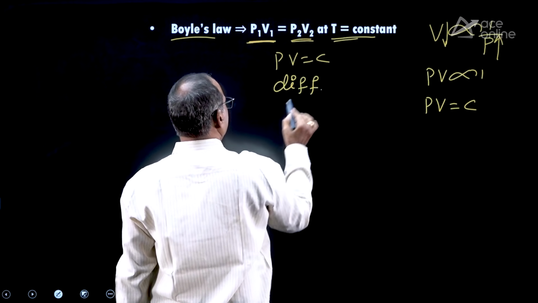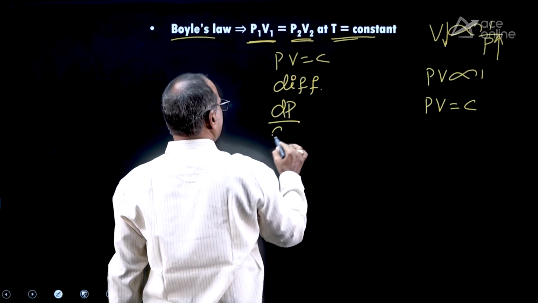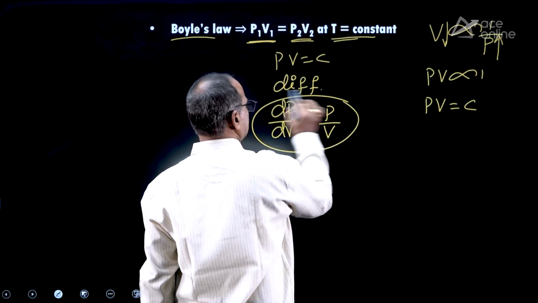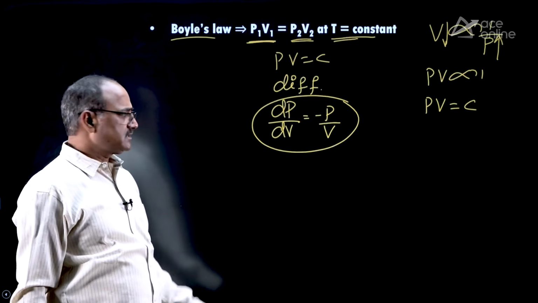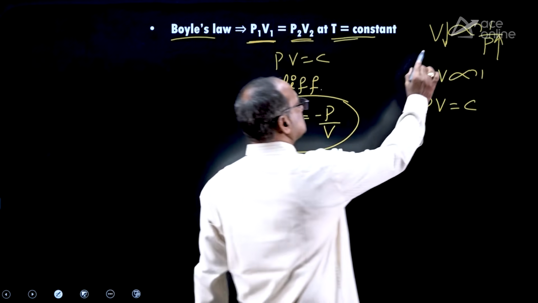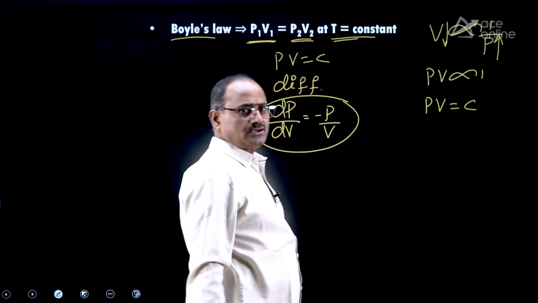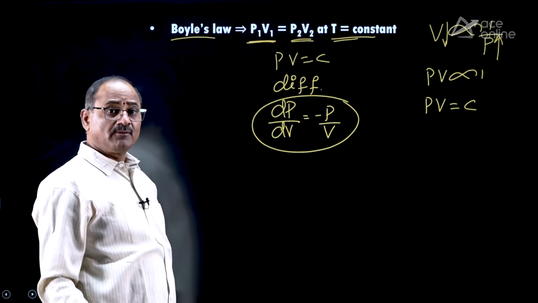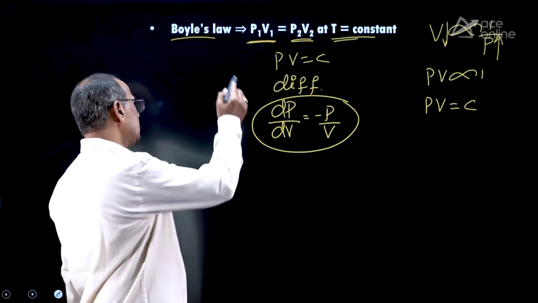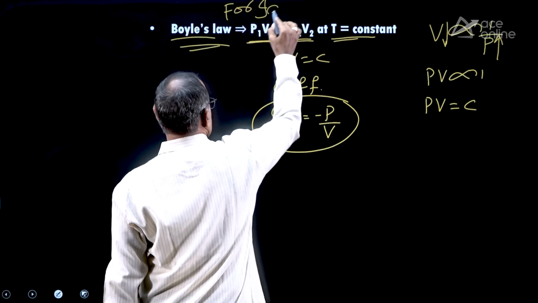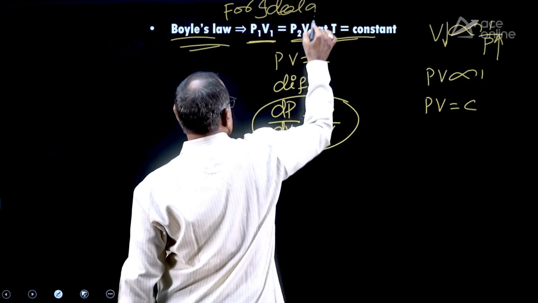You will get dP by dV equal to minus P by V. This is the slope of the isothermal curve in the PV coordinate system. The negative sign indicates that as the pressure increases, volume decreases, because volume is inversely proportional to absolute pressure, for an ideal gas only. Remember this rule is for an ideal gas, not a real gas.